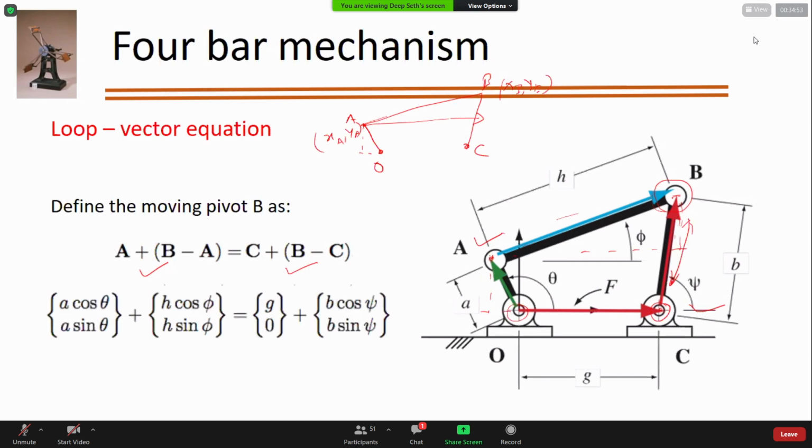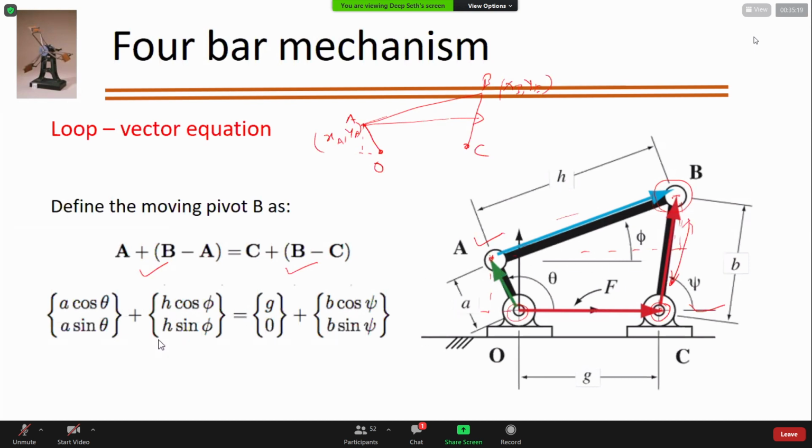Now, what is the vector for A? We can write it as A cos theta in X and A sin theta in Y. B minus A is H, so H cos phi, where phi is the angle it makes with respect to the horizontal.